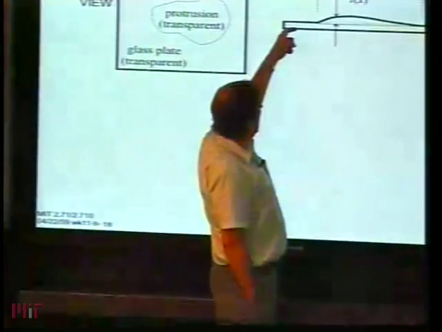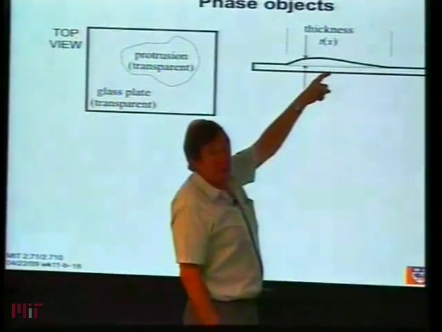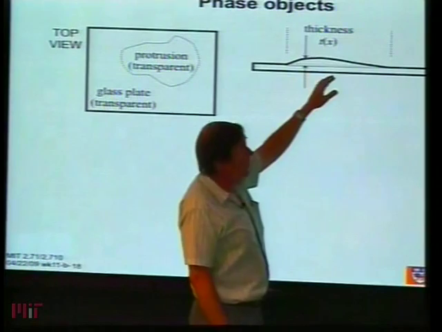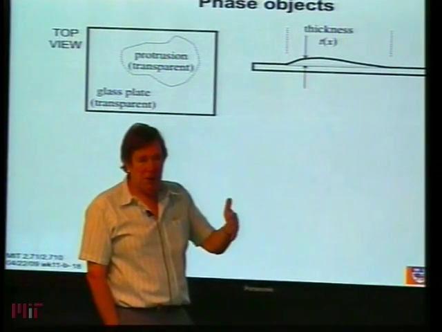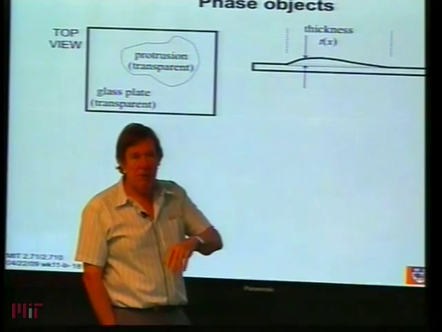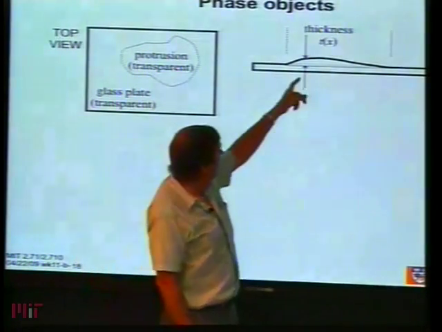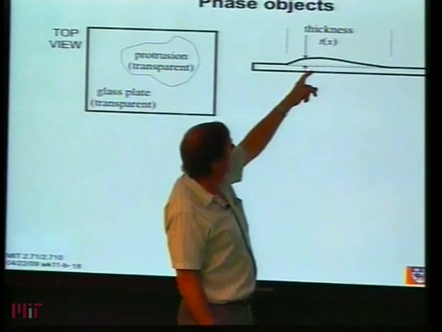Imagine, for example, you've got some glass slide. Well, one thing which would approximate quite well to this is if you had a biological cell sitting on top of a glass slide, right? So this shows something like that.